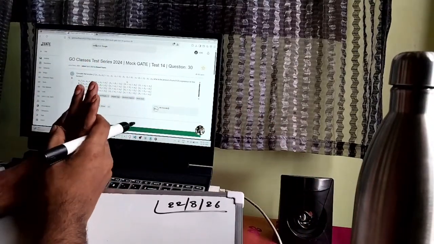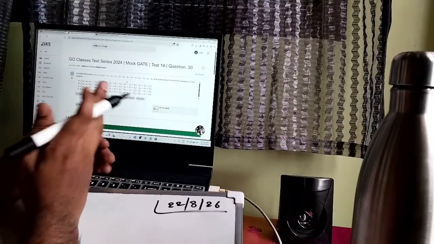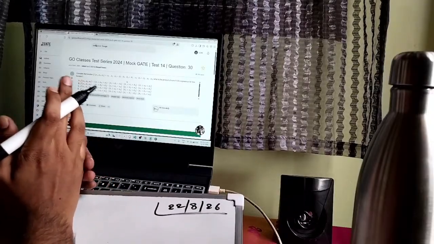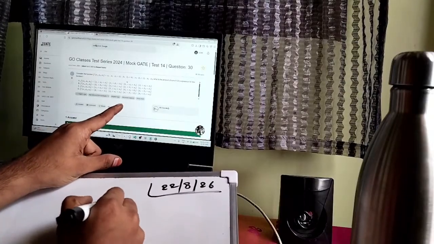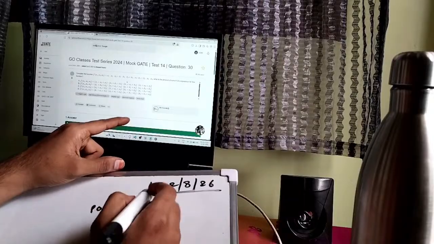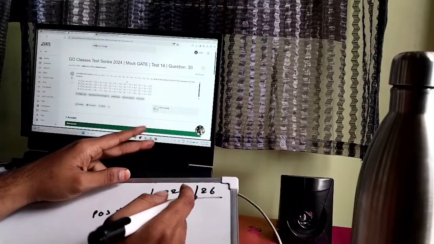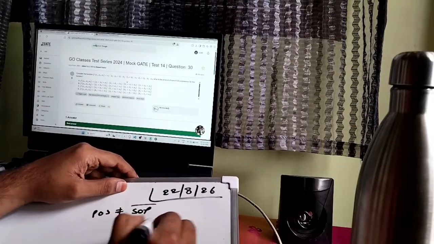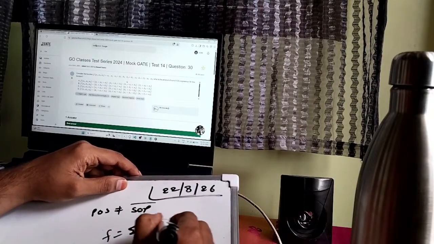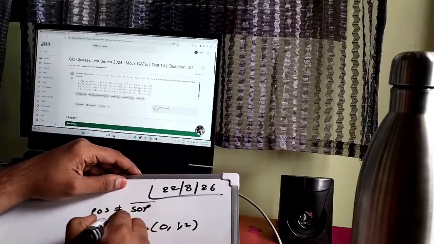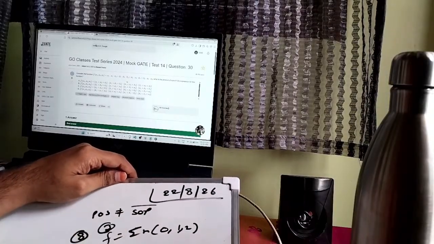Okay, this question is from digital logic. They are given some SOP expression, and we have to convert it into POS. I remember that POS is not just the complement of SOP. In this type of problem, if they give the function as minterms 0, 1, 2, suppose it is of 3 variables, so a total of 8 terms should be there.